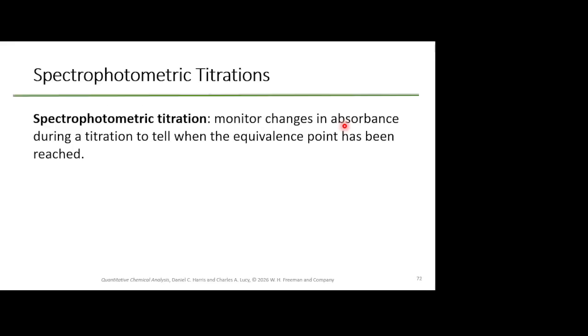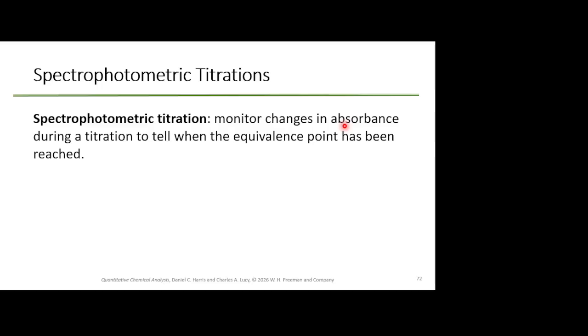Okay, so let's talk about, because I know you guys love titration so much, we got away from it for like a class or two, spectrophotometric titrations. These are going to be monitoring your changes in absorbance during a titration to tell where the equivalence point has been reached.